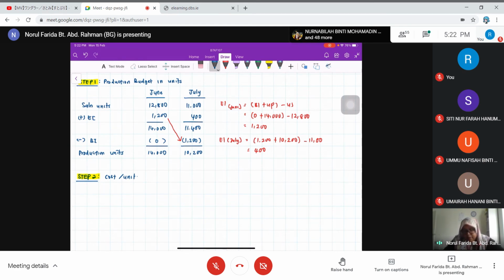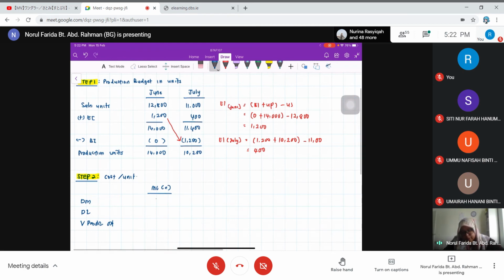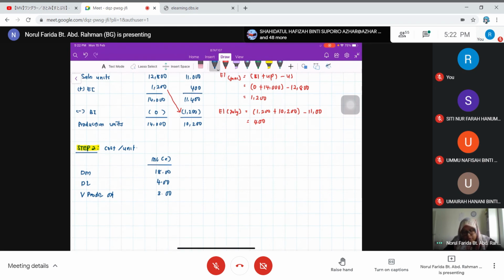Hanya ambil kira variable cost sahaja. Okay. So your variable cost is your direct material, direct labor and variable production overhead. Direct material dia 18. Direct labor dia, direct wages adalah 4. Variable production overhead adalah 3. So total you adalah 25.